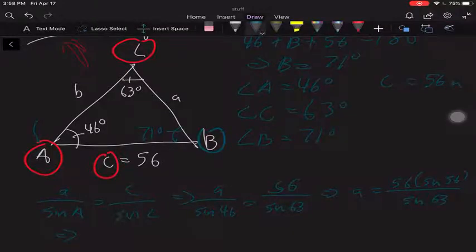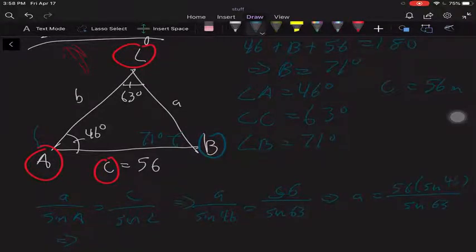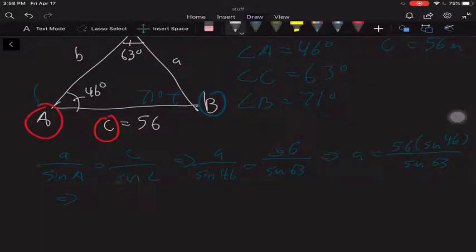We punch that into our scientific calculator, and that gives us 45.2. So side a is 45.2.